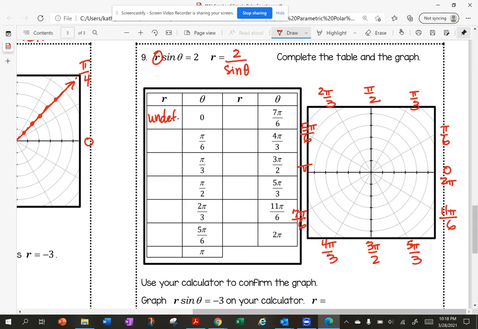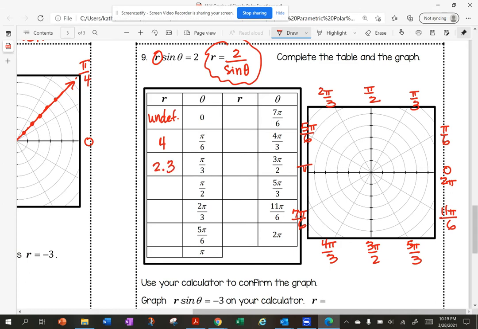I'm going to type in r is 2 divided by the sine of pi over 6, and I get my radius is 4. So substituting the angle in here, I'm calculating each individual radius. So I get 2.3, and I'm going to round to tenths.